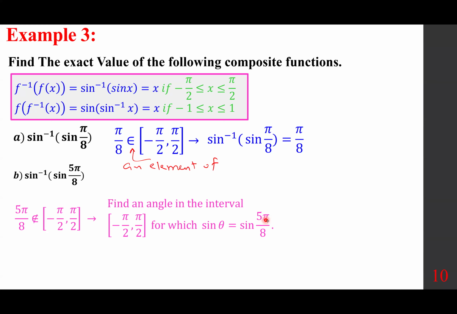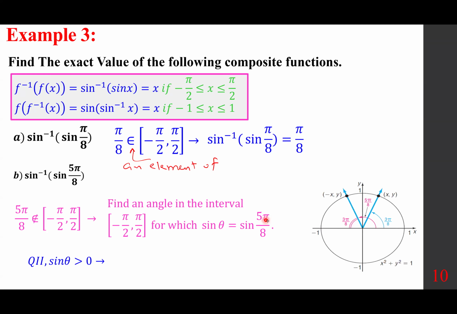And reminding everybody that sine is positive in the first and second quadrant. So take a look. Sine corresponds to the y coordinate. In the first and second quadrant, y is positive. And so theta is equal to 3 pi over 8. 3 pi over 8 acts as a reference arc. This is 5 pi over 8.